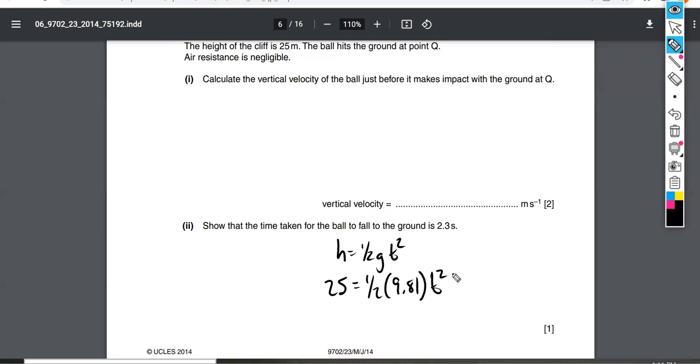So just solving that for t, we would get 25 divided by 4.905. So t squared would be 5.09. That's just dividing each side by 1/2 g, and then taking the square root of that.